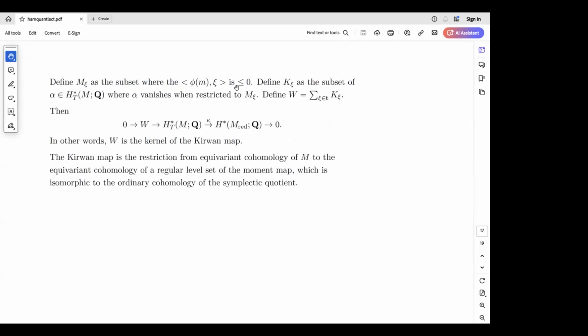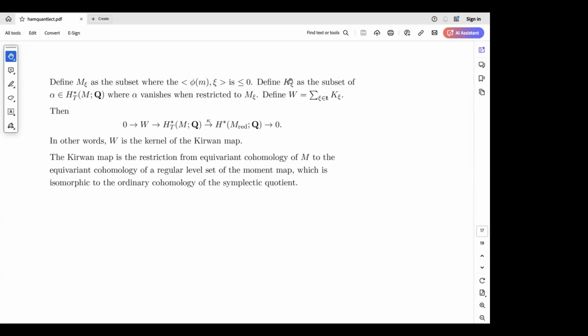So now we describe how to find the kernel of the Kirwan map. Let's define M sub psi as the subset where phi, the moment map, satisfies phi of M of psi is less than or equal to 0.